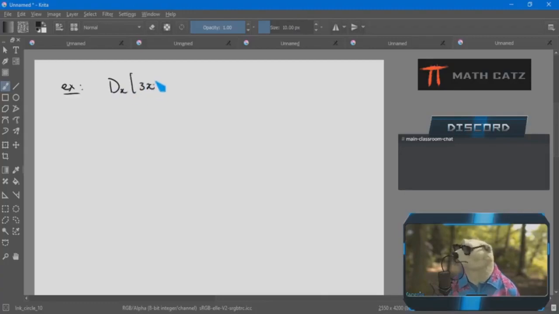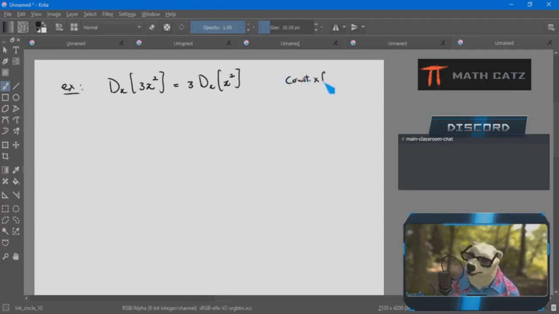So let's suppose I want to find the derivative of 3x squared. Still not a complicated function. It's one transformation of the basic function we know. The first property I'm going to use is the constant times a function property. And I'll write it short here.